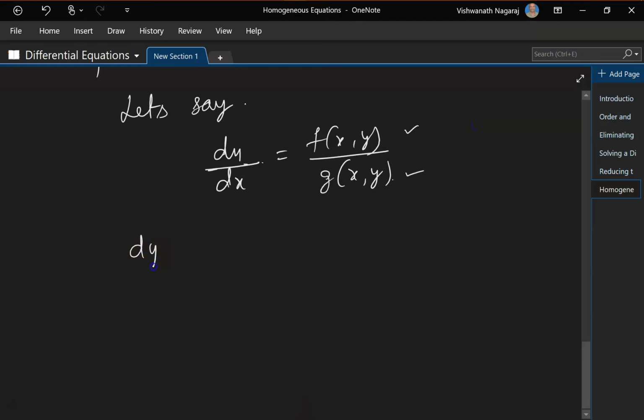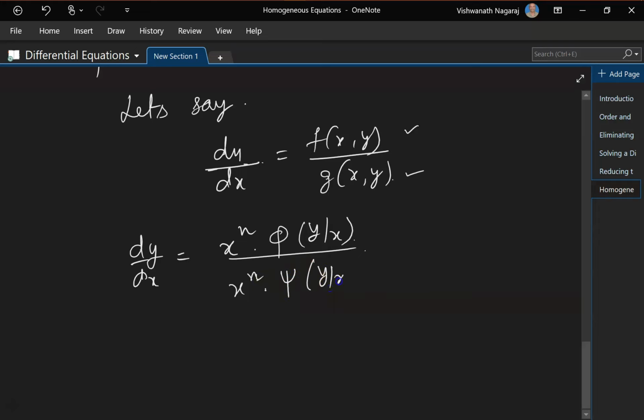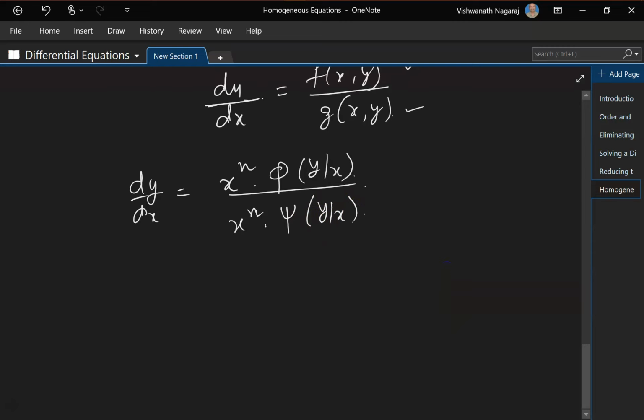So we can write dy by dx is equal to x to the power of n times phi of y by x divided by x to the power of n times psi of y by x.